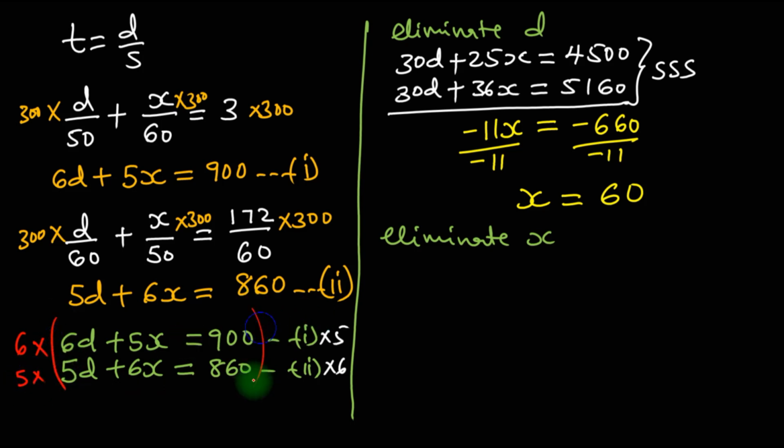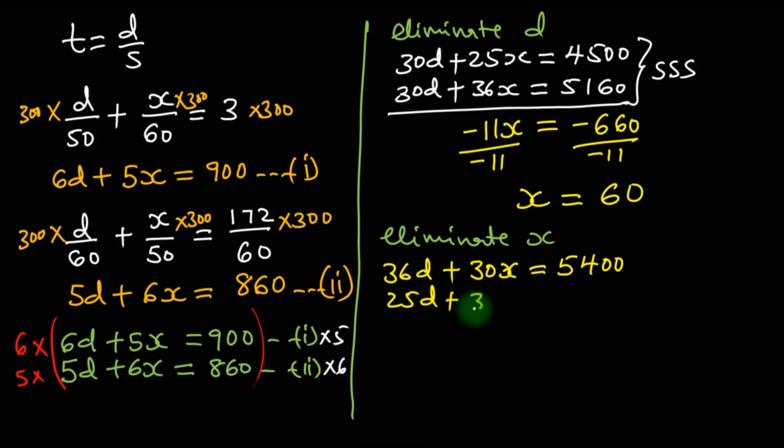So 6 times 6d is 36d, plus 5x times 6, that is 30x, equal to 6 times 900, that is 5400. The other one, 5 times 5d is 25d, plus 5 times 6x is 30x, equal to 860 times 5.